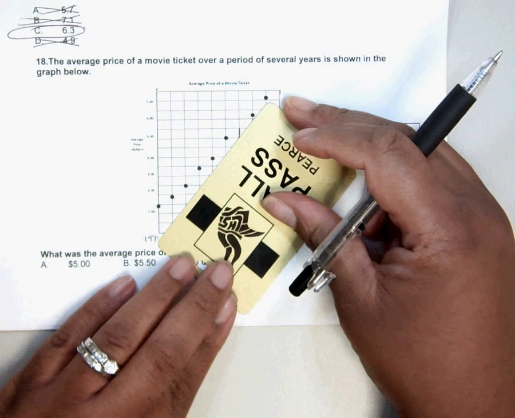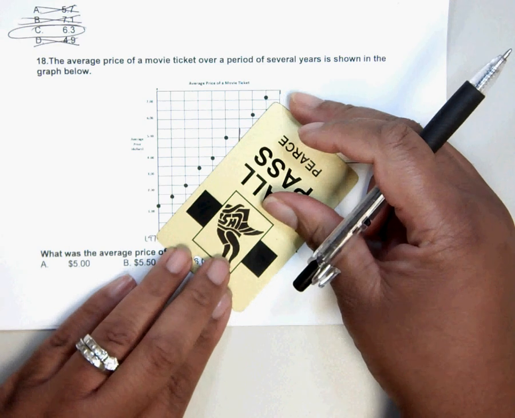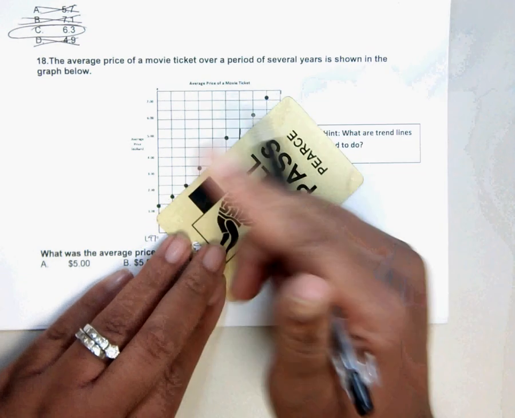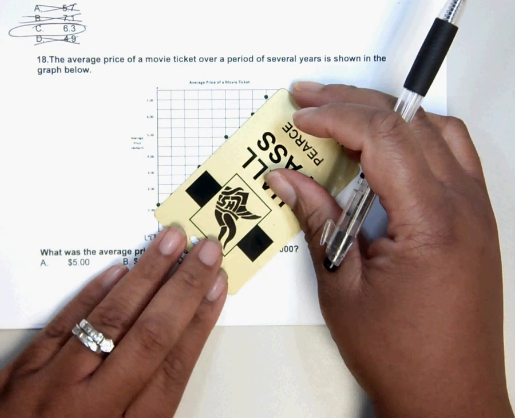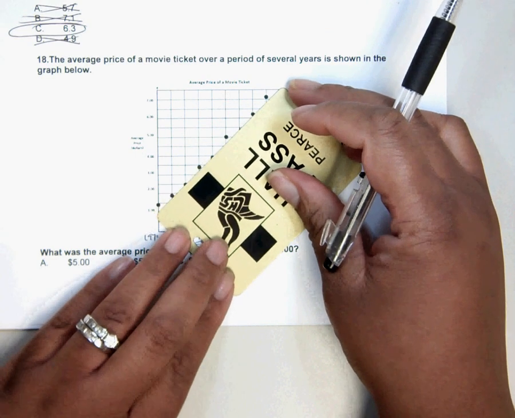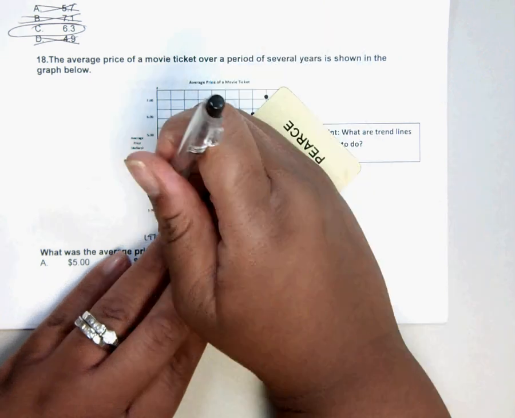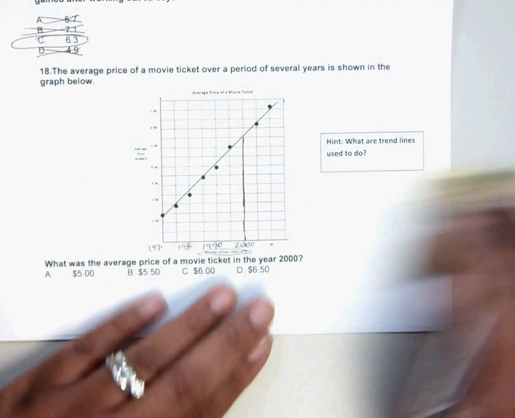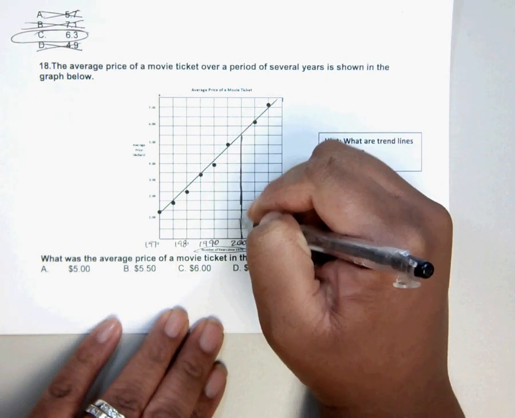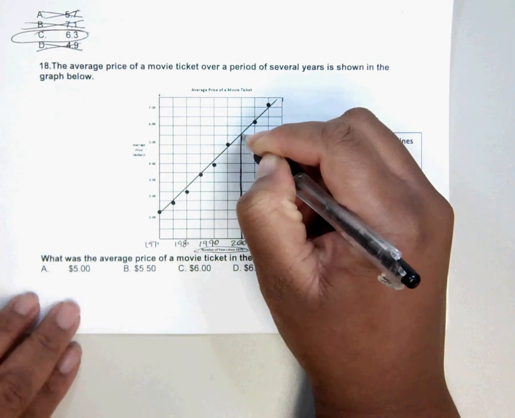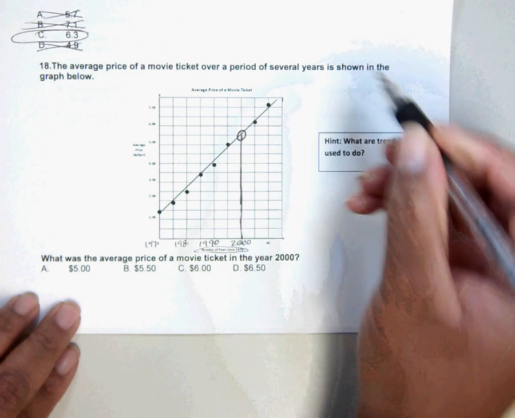So go through the middle of the data. Now, am I drawing this at 0? No, I'm going through the middle. The information starts at 1, so my trend line is going to be somewhere in between here. I'm trying my best to get it in the middle of that information. That's not bad. So it looks like at 2000, this is my answer. Well, how do I know?